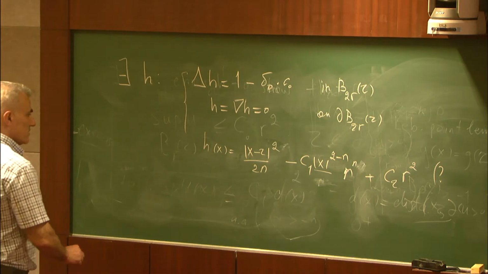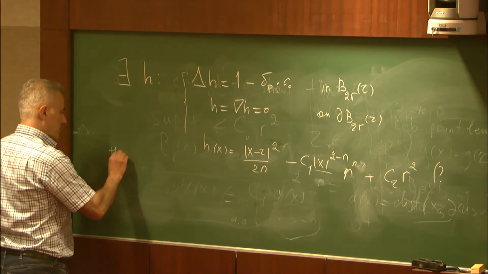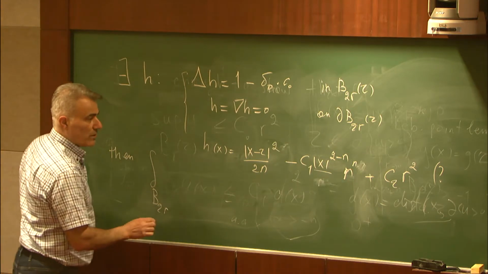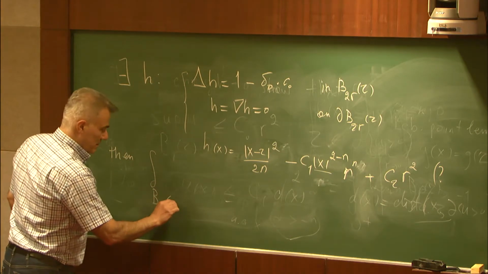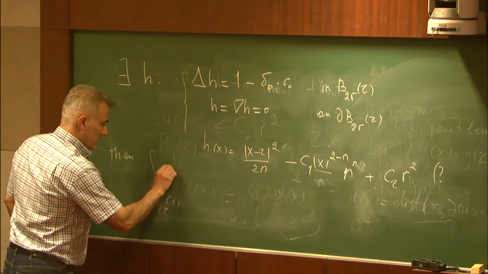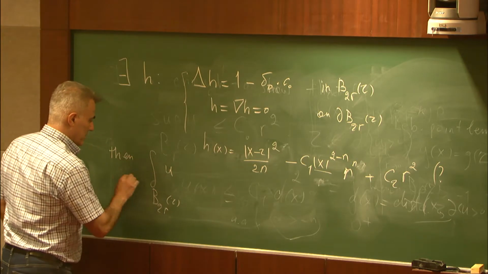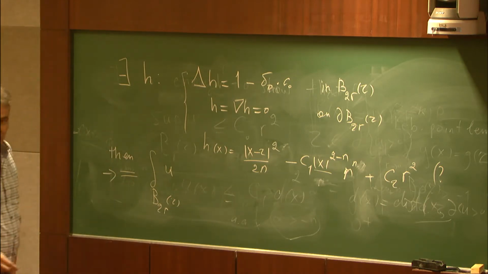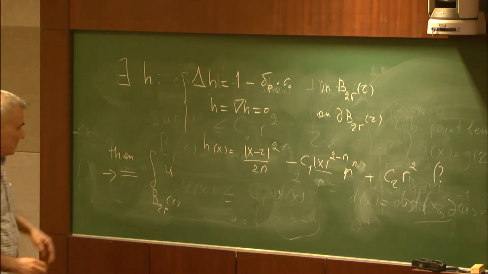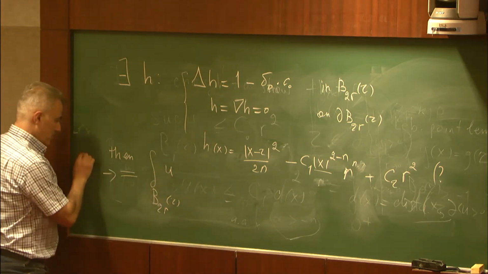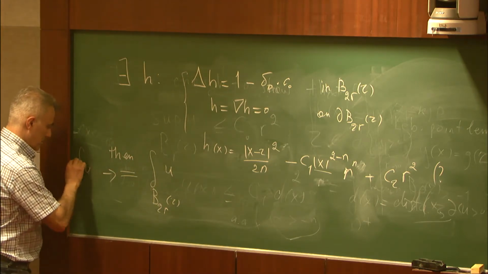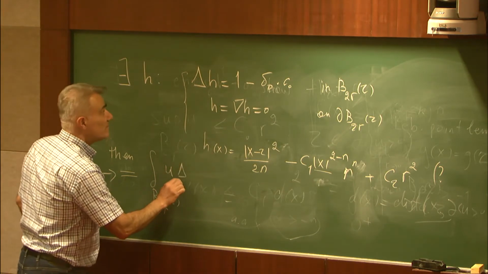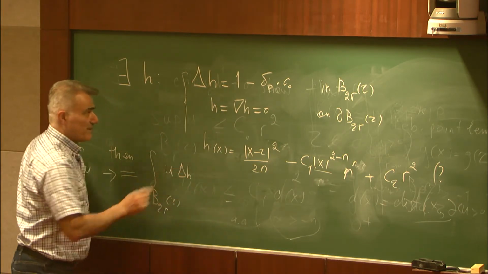So what you do is the following. Then you have this integral over the ball of radius 2r, center z, of u. So this integral of u equals this guy, Laplacian of h, because Laplacian of h is what?